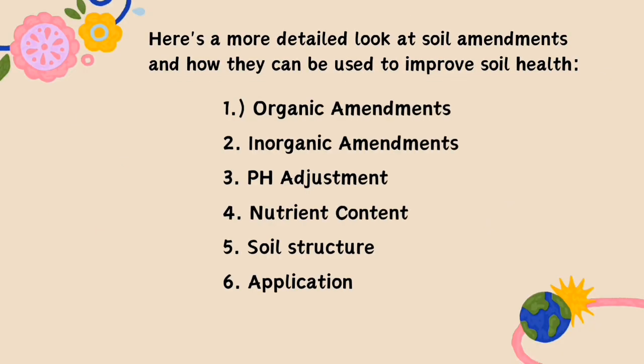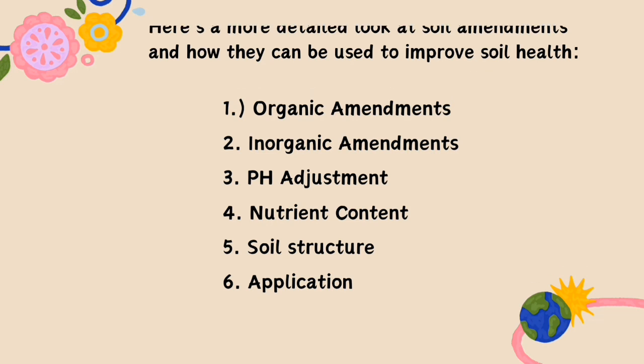Here's a more detailed look at soil amendments and how they can be used to improve soil health. So the first one is organic amendments. Organic amendments are derived from living organisms such as plants, animals, and microorganisms.